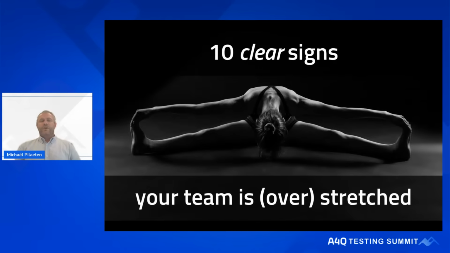The earlier you are able to spot these signals coming from yourself, from your team members, from different teams, the sooner you can act upon them and mitigate the potential outcomes, the potential risks. So it's a list of 10 signs.